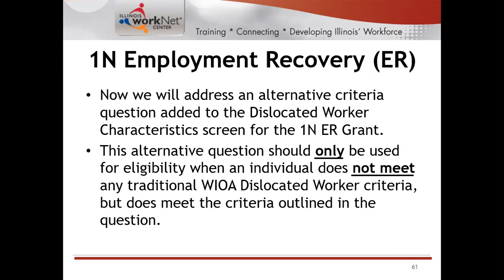You may have no intention of co-enrolling someone down the road. You're thinking, they're eligible as a dislocated worker, but I'm going to put them in as long-term unemployed because it's easier or quicker. Again, we want you to certify them as a dislocated worker whenever they're eligible and meet that criteria. You may not have any intention of co-enrolling them. You think it's short and sweet and they're just going to do disaster relief employment.